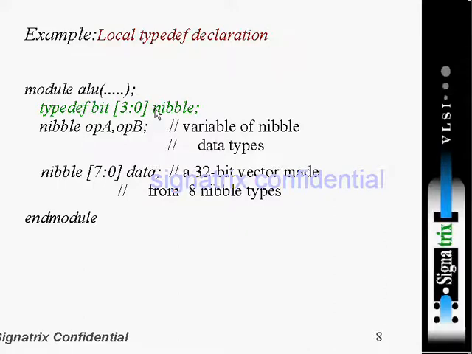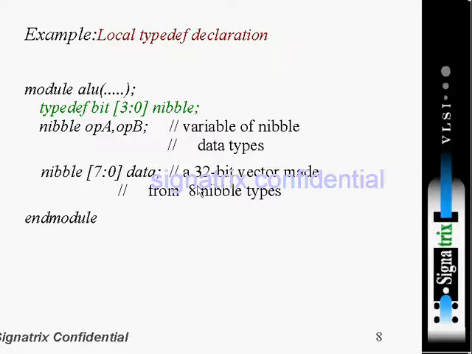Actually the nibble is a bit data type having a width of 4 bits. Now we are declaring a variable named data that has a width of byte, 8 bits, and already this nibble creates a 4-bit width, so it will create a 2-dimensional variable, right?